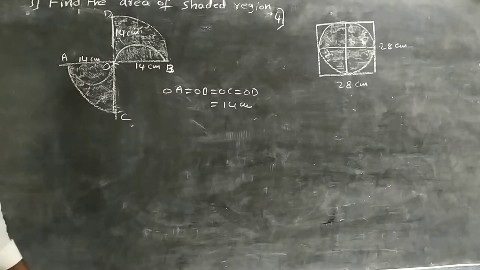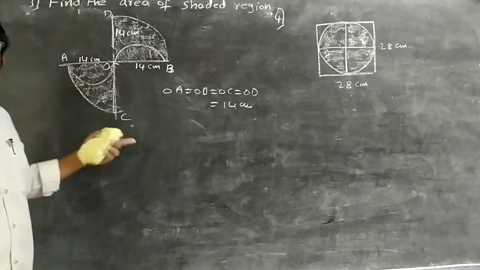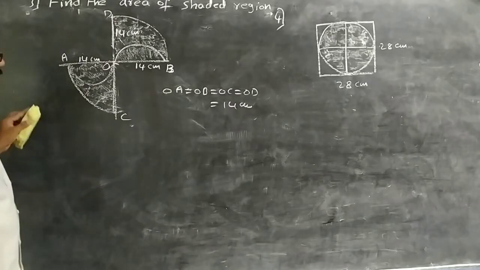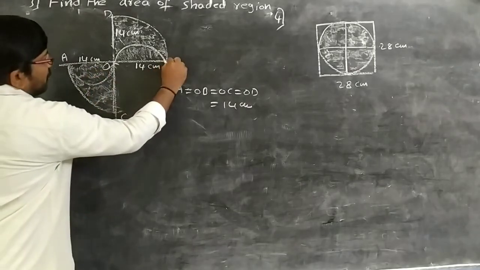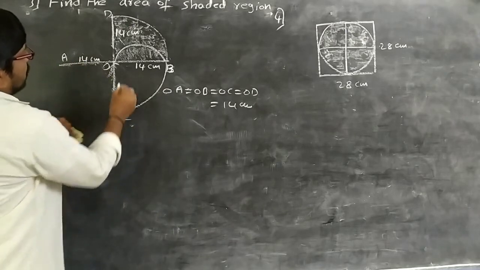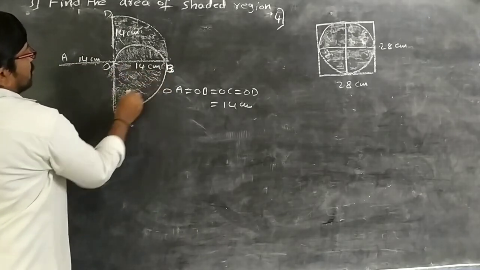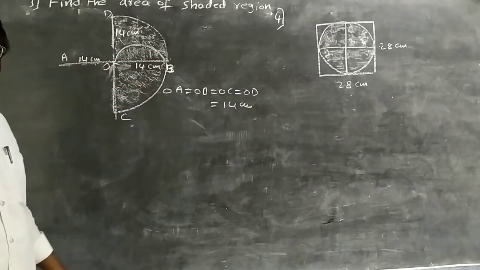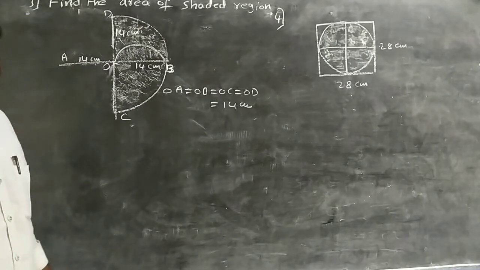So it is one quarter, it is one quarter. Two quarter circles give one semicircle, right? If we fill this shaded region in this part, we get one semicircle, right? So the area of the shaded region gives the area of a semicircle, right?